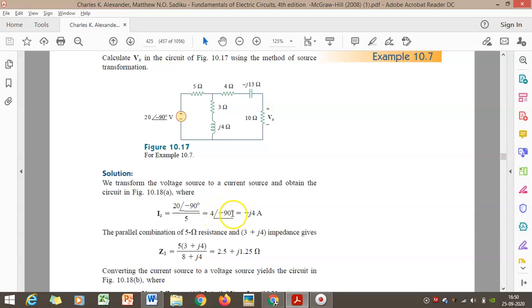Minus 90 degrees can be taken as minus j, so Is is equal to minus j4 amps.